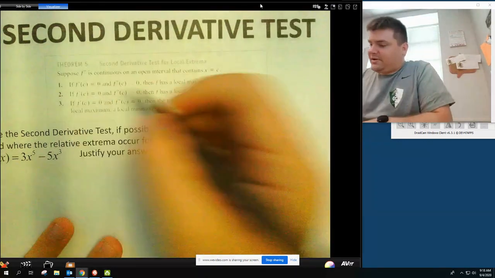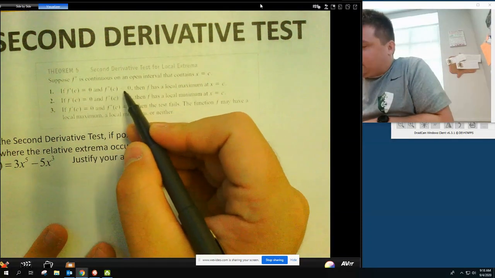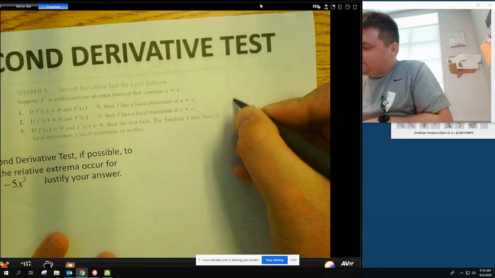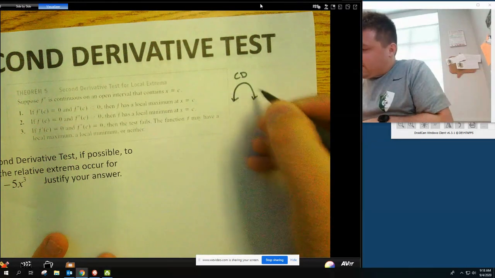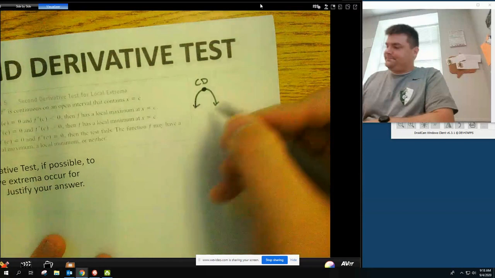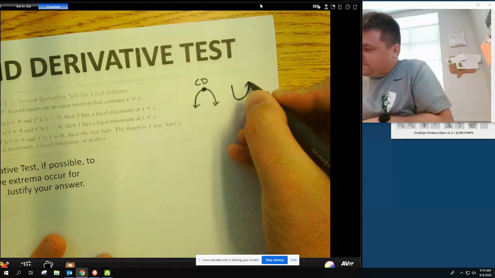For example, the first one says that if we have a critical point and we are concave down, so that means the second derivative is negative, then we have a local max, which makes sense because we're going to be concave down here. And if we have a critical point and we're concave down, that is a relative max. And then if we are concave up, that's what the second one says.